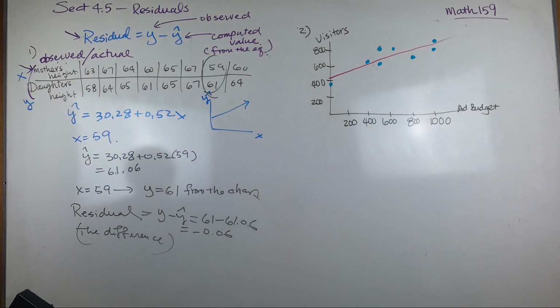So y hat is what you predict according to the formula, and y is the actual. So what situation are we in? What does it tell us?